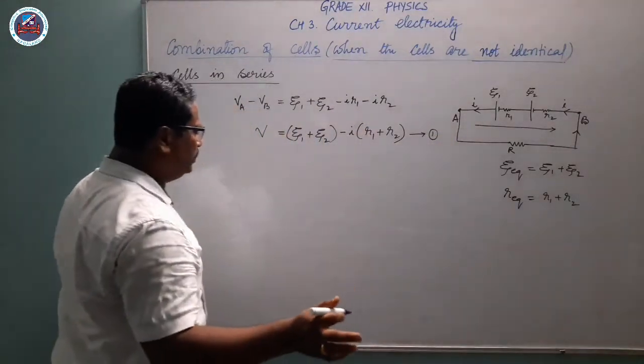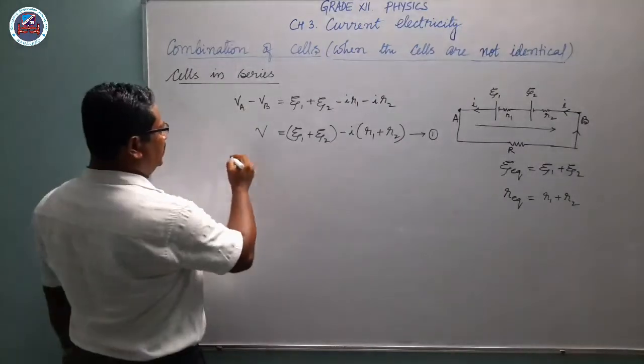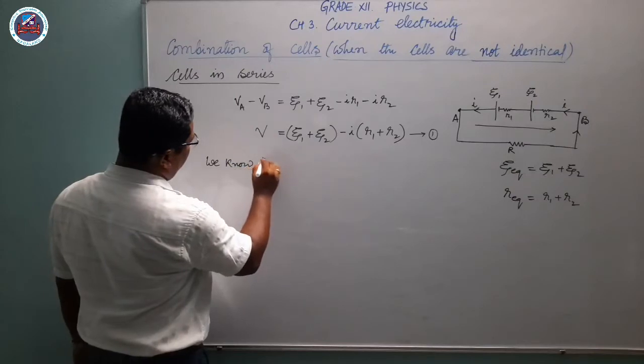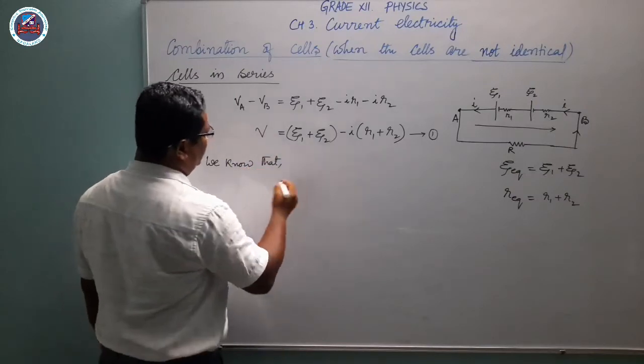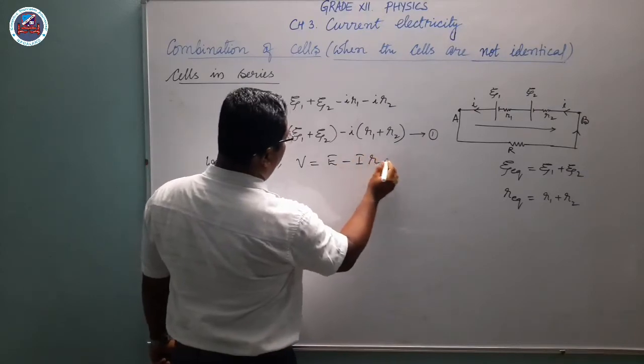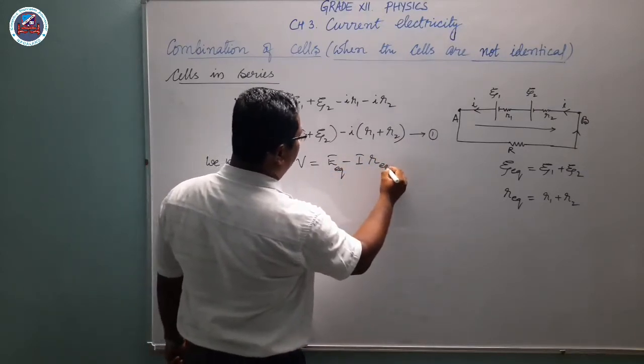Then if we use our relation between EMF and potential difference, we know that V is equal to E minus IR. Here E will indicate E equivalent, R will indicate R equivalent.